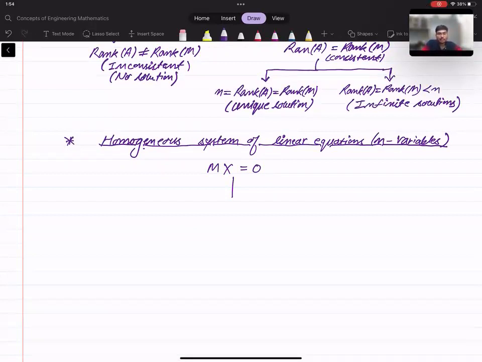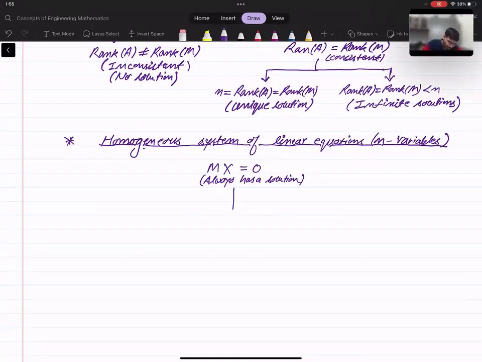Trivial means a unique solution where all the variables are equal to 0, and in the other case there will be an infinite number of solutions, or non-trivial solutions. This type of system always has a solution.